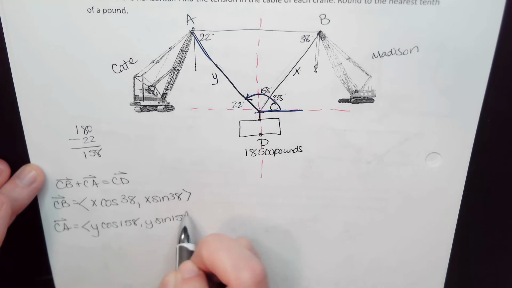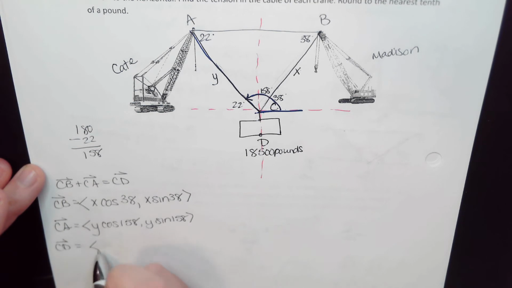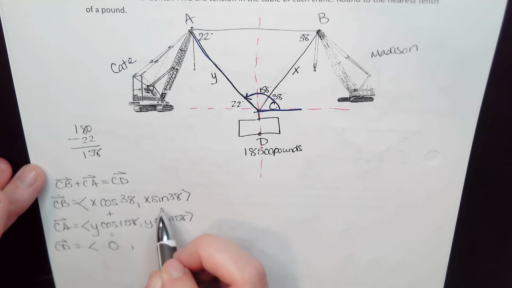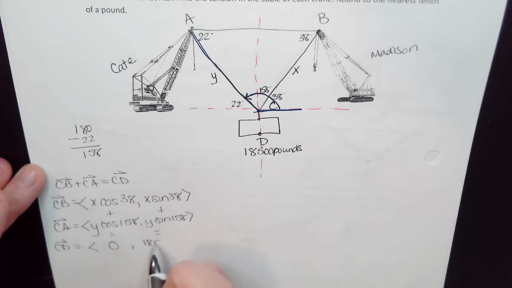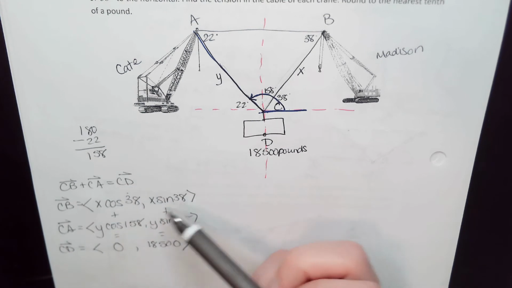And then vector CD is we're pulling straight down. So just like all those ones before, this should equal 0. And if we add these together, that should add up to the weight, which is 18,500 pounds.